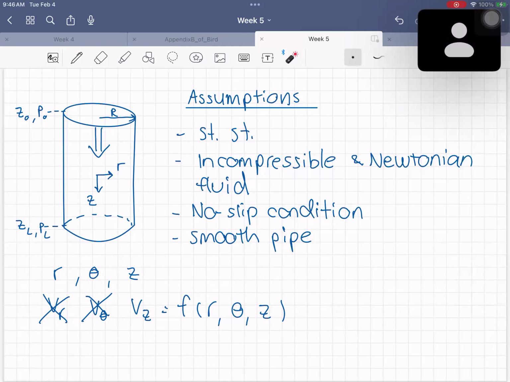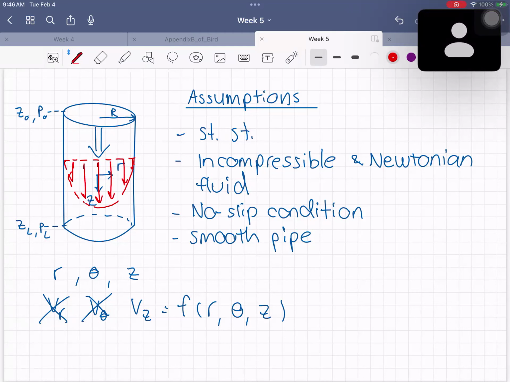Okay, that's very good, because of the no slip condition. If you remember, for a laminar flow, the velocity in the middle of the pipe will be the highest, and the velocity close to the wall of the pipe will be 0 according to the no slip condition. And it's like a parabolic shape, something like this.